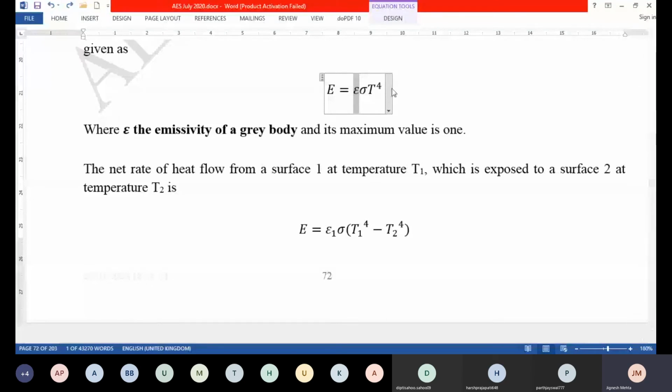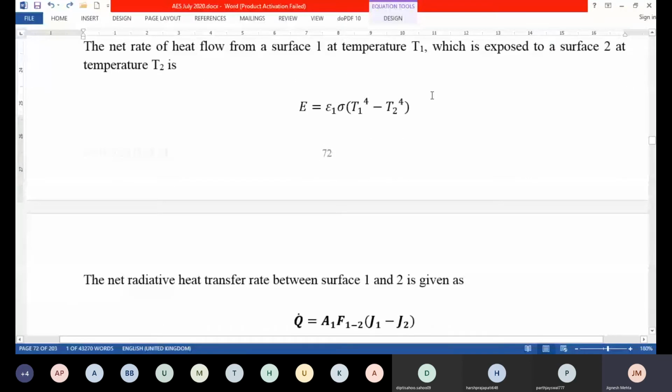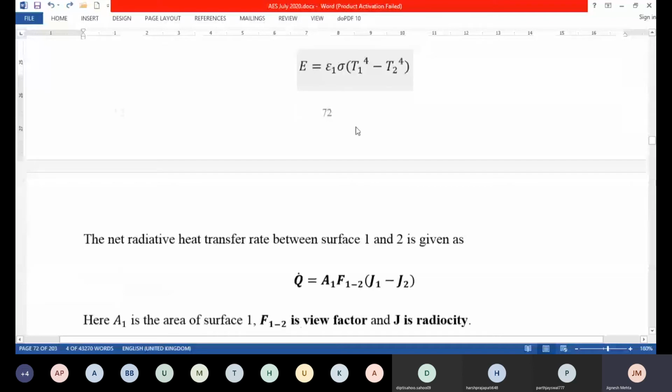But if you are talking about heat exchange between two bodies exposed to each other only, then the net rate of heat flow from surface 1 to surface 2 would be given by epsilon 1 sigma into T1 raised to 4 minus T2 raised to 4.